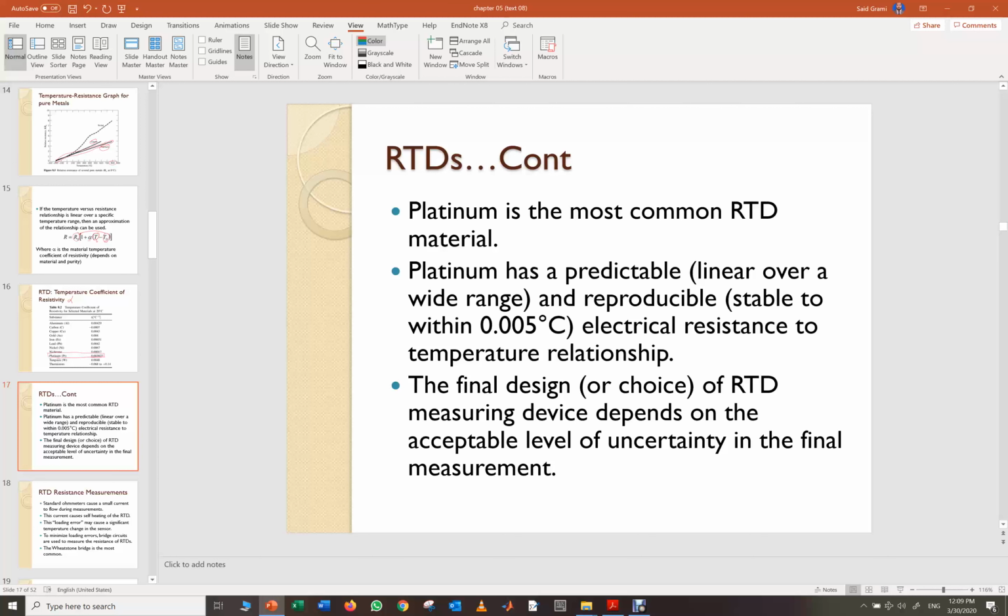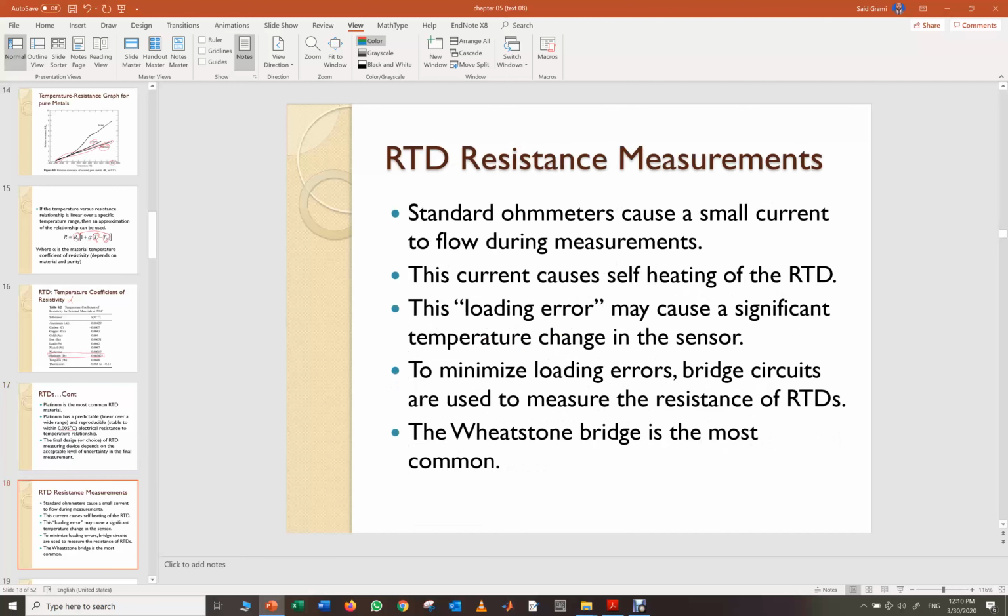So if we look for very high precision of temperature, we can use RTD because it's stable at 0.005 degrees C. If we don't need high precision, we can use another type of measurement device. So depending on the application, we have to choose the convenient device for measuring temperature.